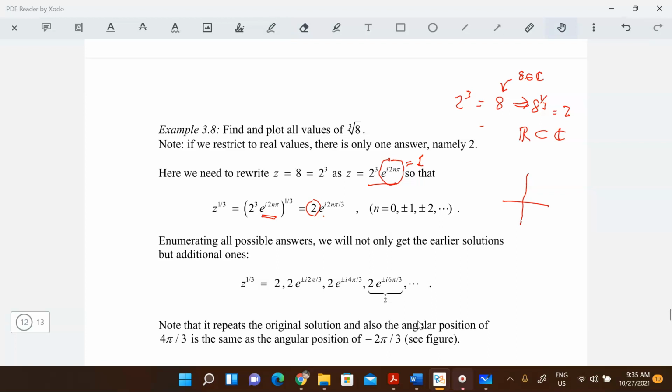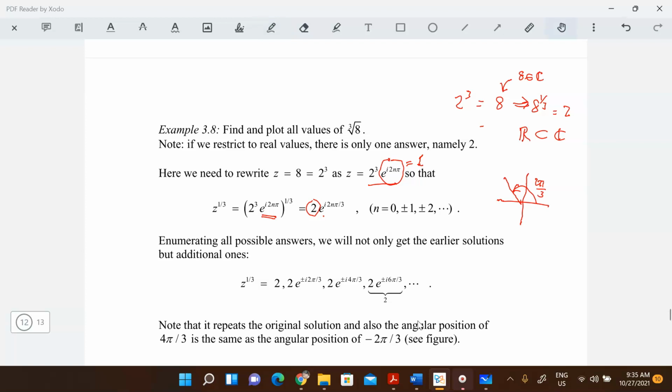Where's 2 pi over 3? Can somebody say what that is in degrees? That would be 360 degrees divided by 3, which is 120 degrees. So it will be somewhere here. This is 2 pi over 3.